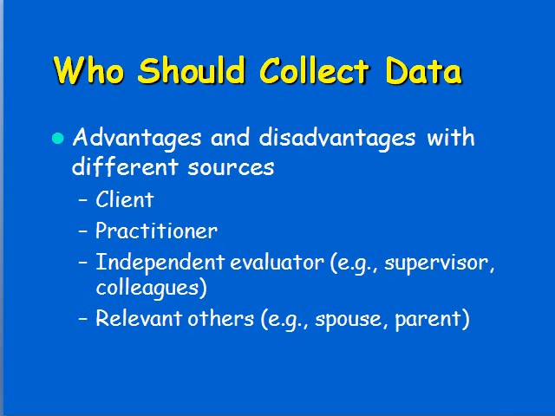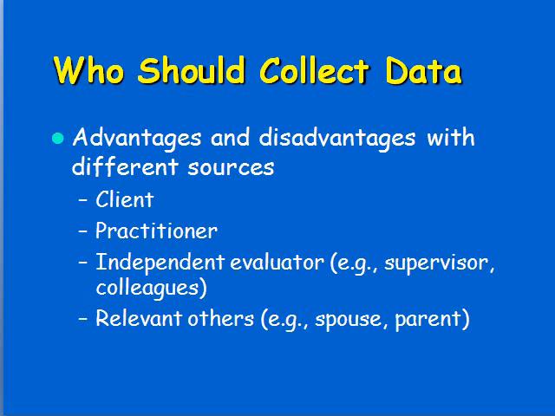Also, A&D clients are notorious for not giving accurate information, especially while they're in the denial phase of their treatment, where they don't think they have a problem, maybe after a DUI or something like that.